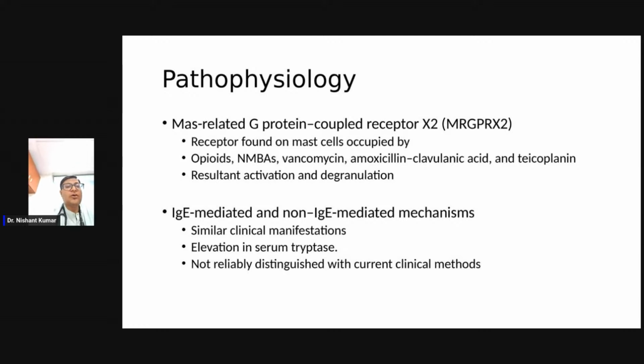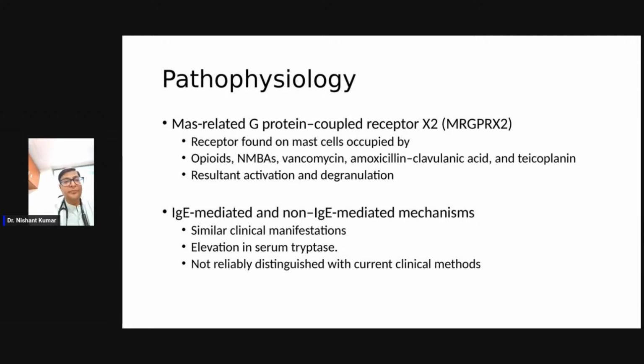So the other causes are the Mas-related G protein coupled receptor X2, that is MRGPRX2, which is a receptor found on mast cells, which is occupied by opioids and NMBAs. So remember, opioids can also cause anaphylaxis. Vancomycin, amoxicillin clavulanic acid, and teicoplanin result in activation and degranulation of the mast cells.